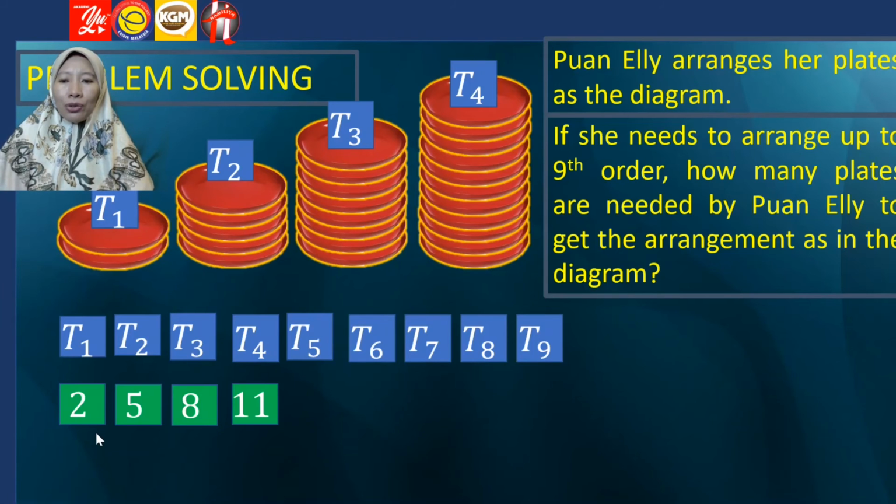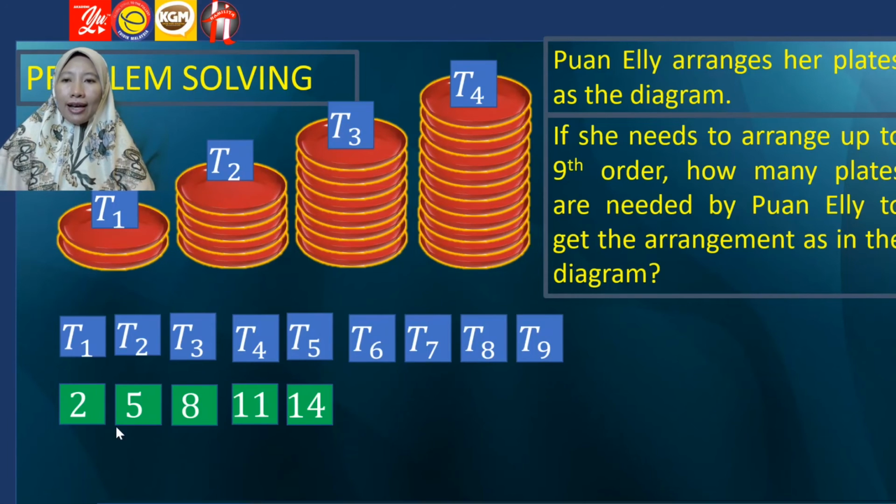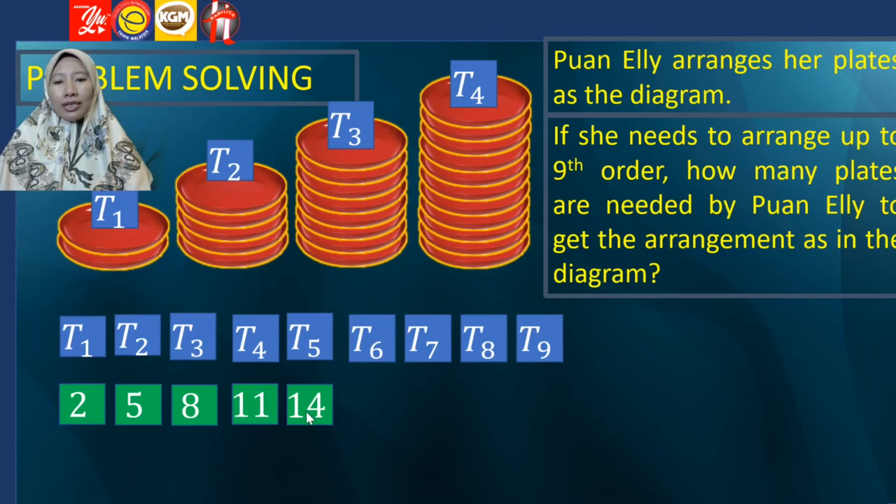Now from 2 to 5, how do we get 5 from 2? Okay, so here you are actually adding. You just add 3, and then here you add 3, you add 3. To get here also, we just add 3 to the previous number.